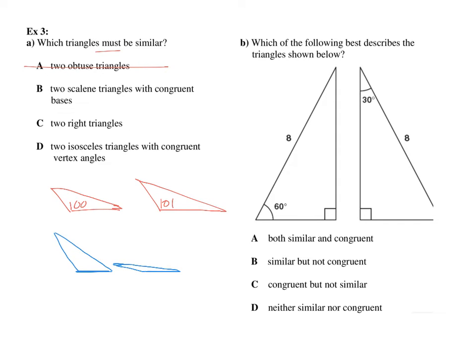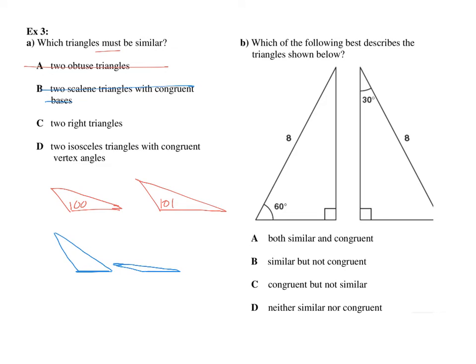Remember, scalene means none of the sides are the same length. All right, well, right away you look at this, and these two triangles are definitely not congruent. And if you just look at the shape of them, right away you'll be able to tell that they're not similar. Look at the angles. The angles are definitely not the same, so they can't be similar. All right, that's just a counter example there. So that shows that choice B will not work.